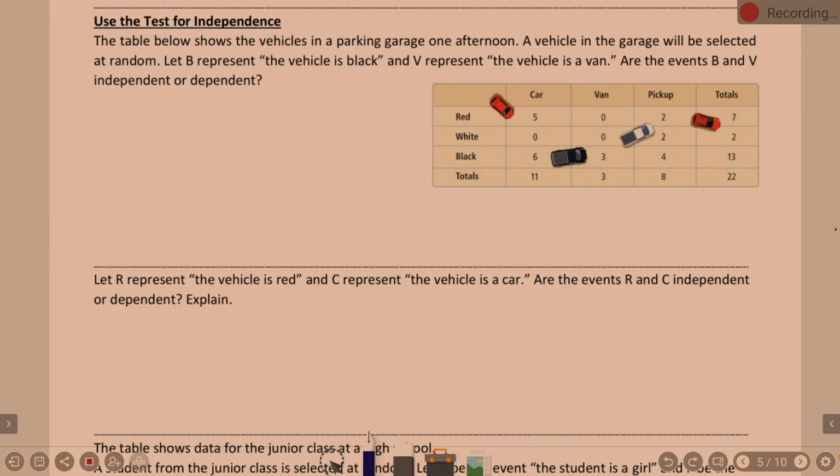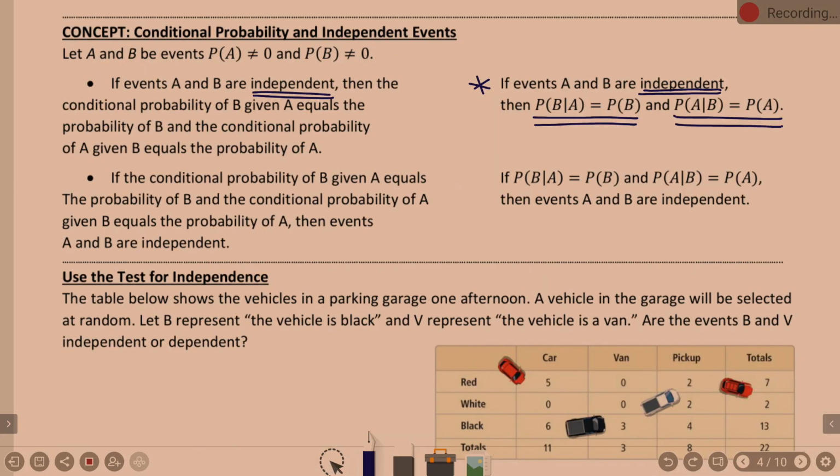Okay? So, I don't want to hear your opinions. We're going to do the math. If you go back and look here, guys, probability of B given A, we need to find that. We then have to see if that's equal to probability of B, and then we have to reverse it and check the other way as well.